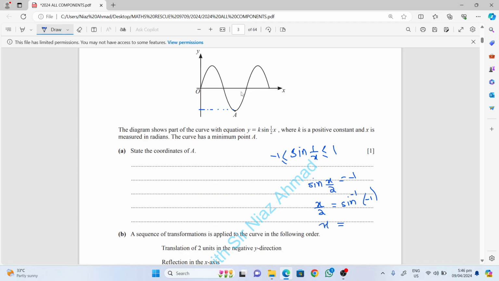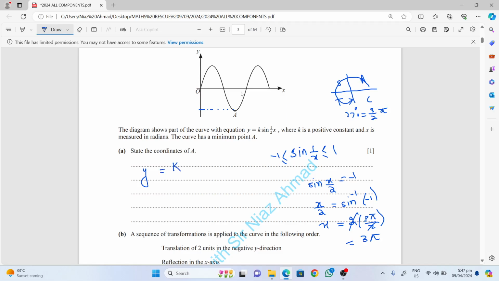So x becomes, when this 2 goes to the right, 2 into 3 pi by 2. 2 cancels 2, it's 3 pi, and 270 degree is actually 3 by 2 pi.